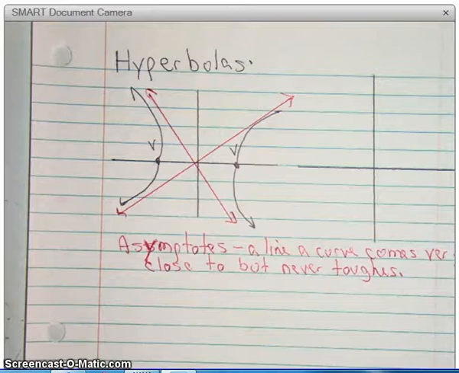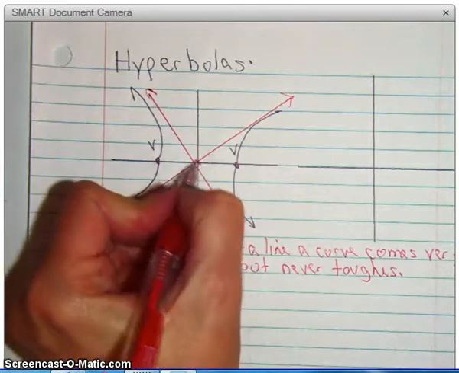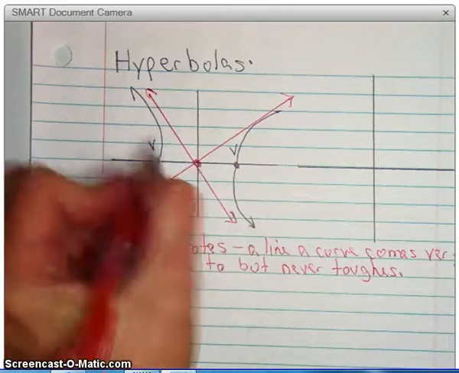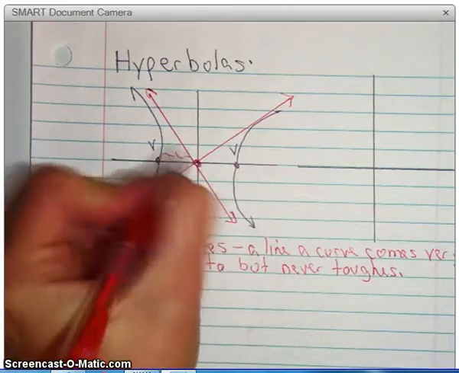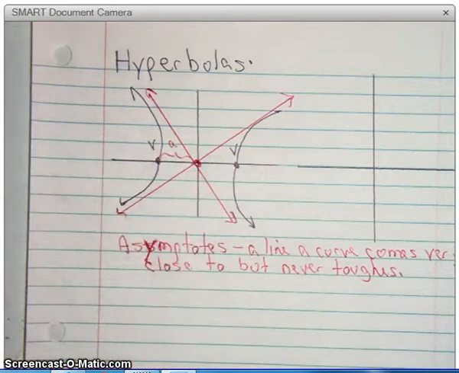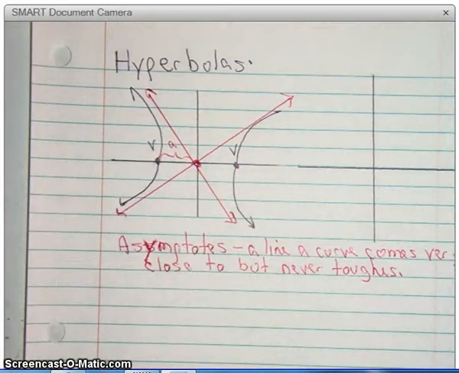All right. Distance, guys, from center to vertex. So our center is right there. Distance from center to vertex is called A. Hyperbolas do not have co-vertices.